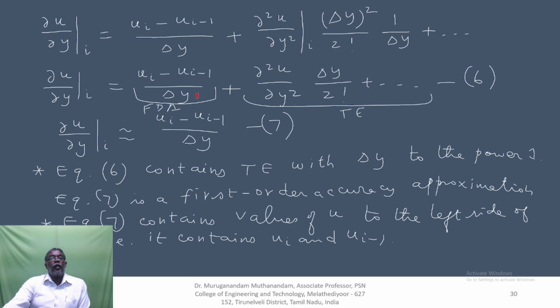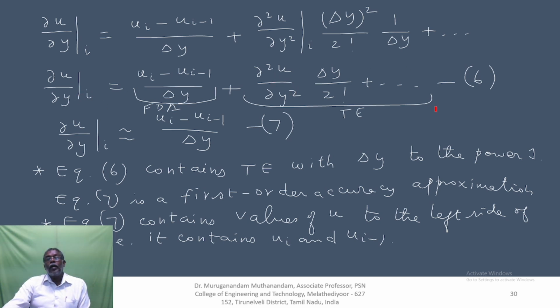The first two terms together are called the finite difference approximation, FDA. The sum of the remaining terms is called the truncation error, TE. When we truncate, it means we cut, we neglect all these terms in this equation except the first two terms. When we use all the terms in this equation, it is an equal quantity, an exact value of the function.